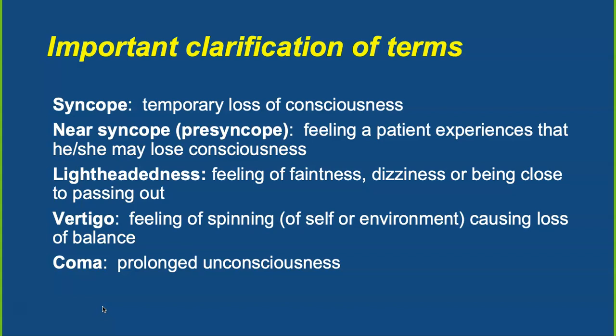Now, vertigo is completely different from syncope because vertigo is the feeling that you're spinning or that the environment around you is spinning, and then that causes loss of balance. Coma is prolonged loss of consciousness. Okay, so make sure when you're encountering a patient that you clarify whether or not the patient really has a syncopal event.